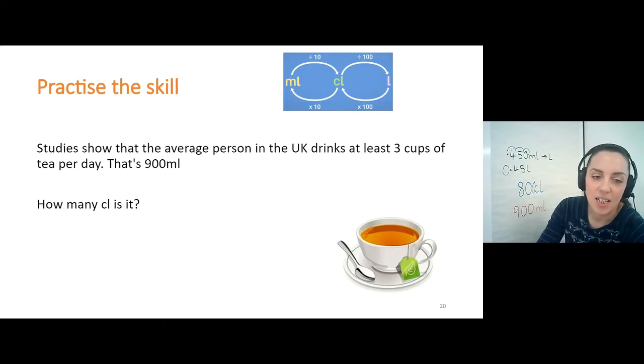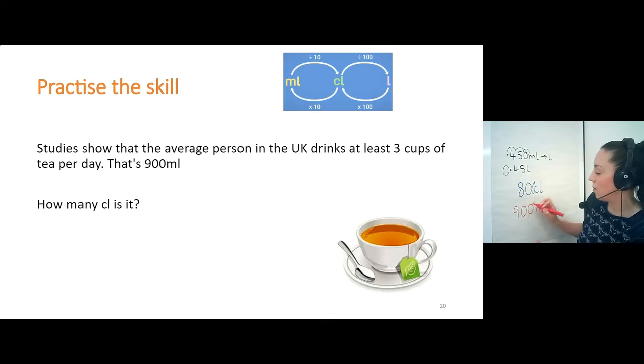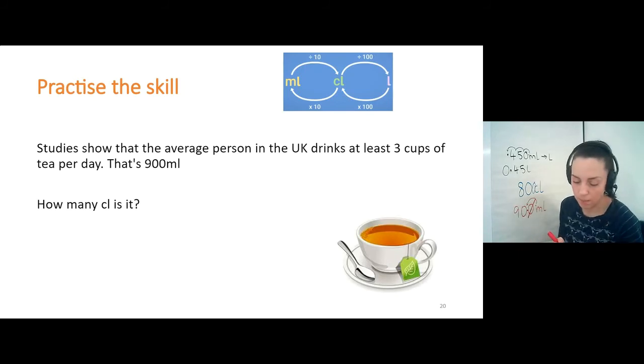So millilitres to centilitres, we divide by 10, so we could just knock that 0 off to get 90, or we could move the decimal point from there over to here to still get 90. So there's 90 centilitres in 900 mils.